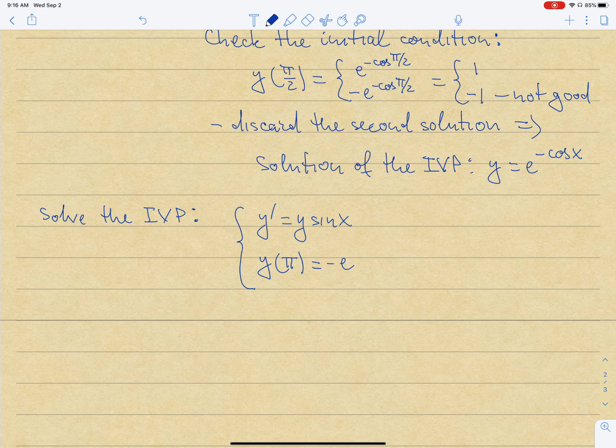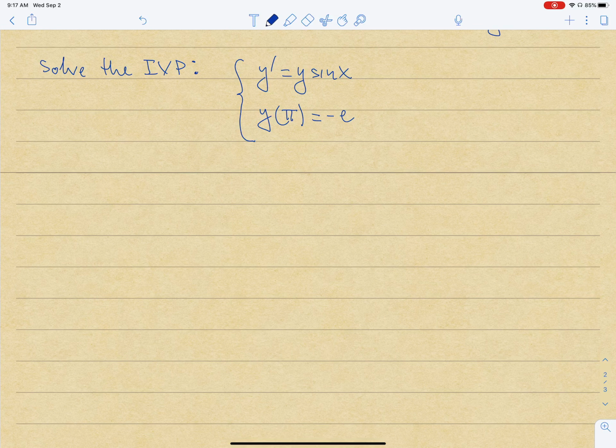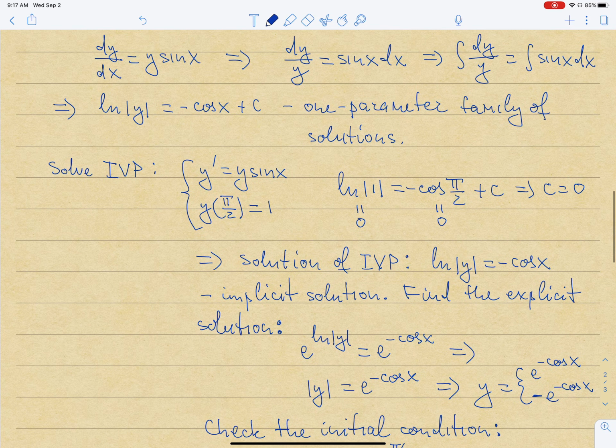Okay? So what do we do? We repeat the same calculations, right? So we know that we have this one parameter family of solutions, which we found over here. So now I need to use that one parameter family to find the value of c.